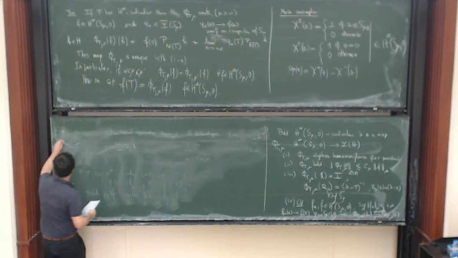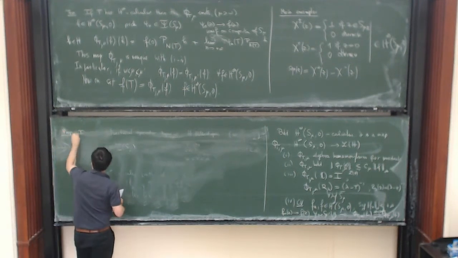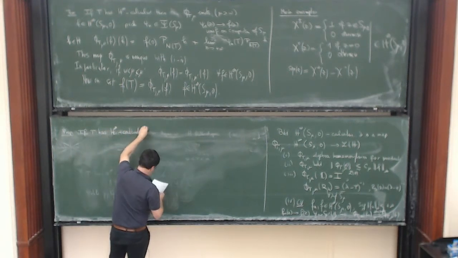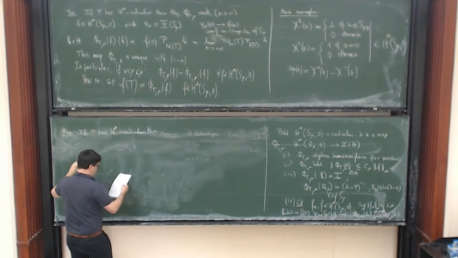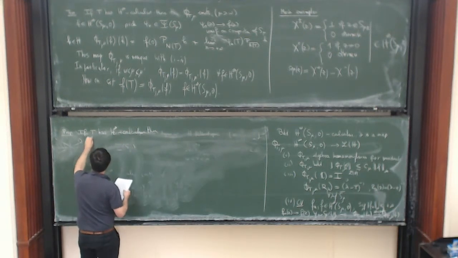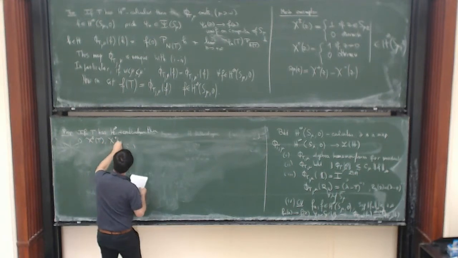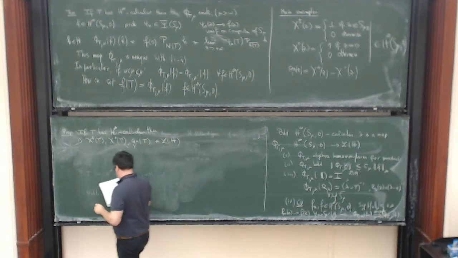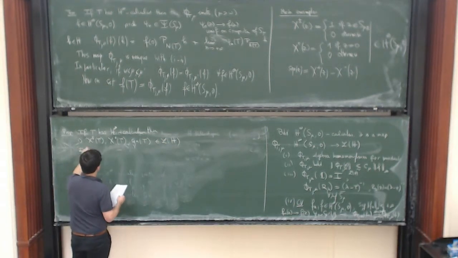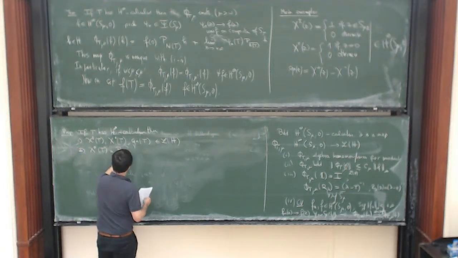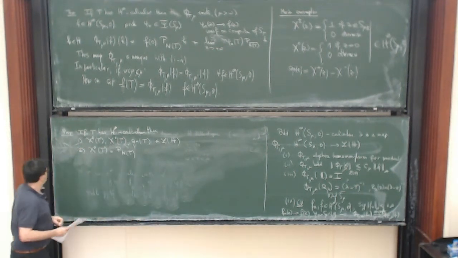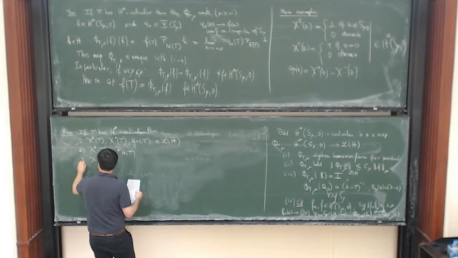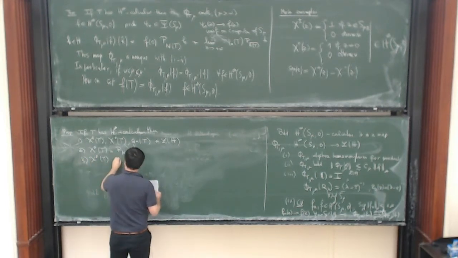So the proposition, if you want: if T has an H infinity calculus, then first of all, these four operators are bounded operators in H. Second, chi 0 of T is just a projection operator on the null space of T. Chi plus and minus are projections.